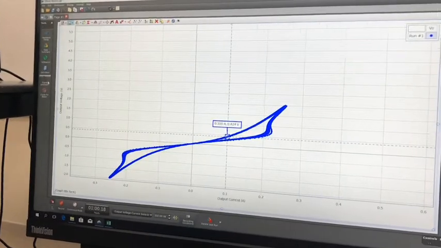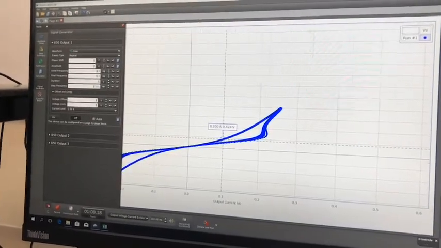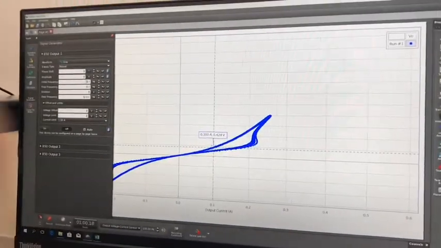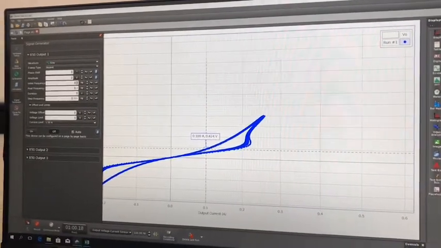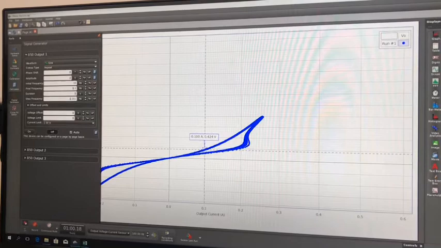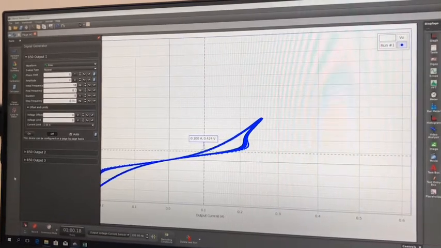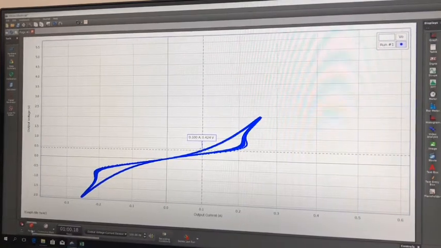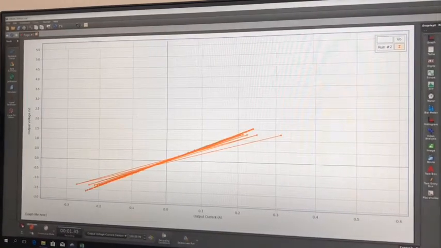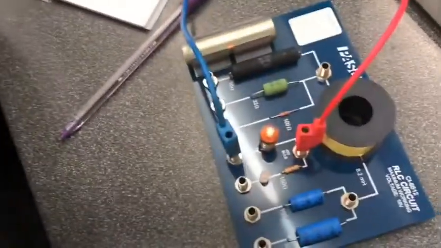Now we will change the frequency. We will set it at 50 Hertz instead of 0.3 Hertz, which is a high frequency with respect to that one. Now 50 Hertz is so fast that the brightness of the lamp would not change a lot.